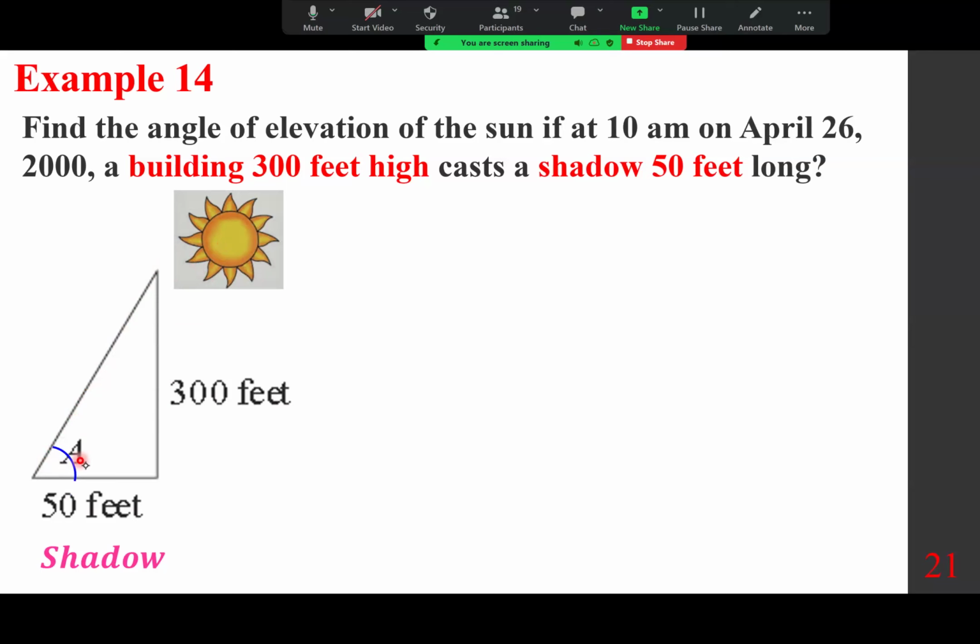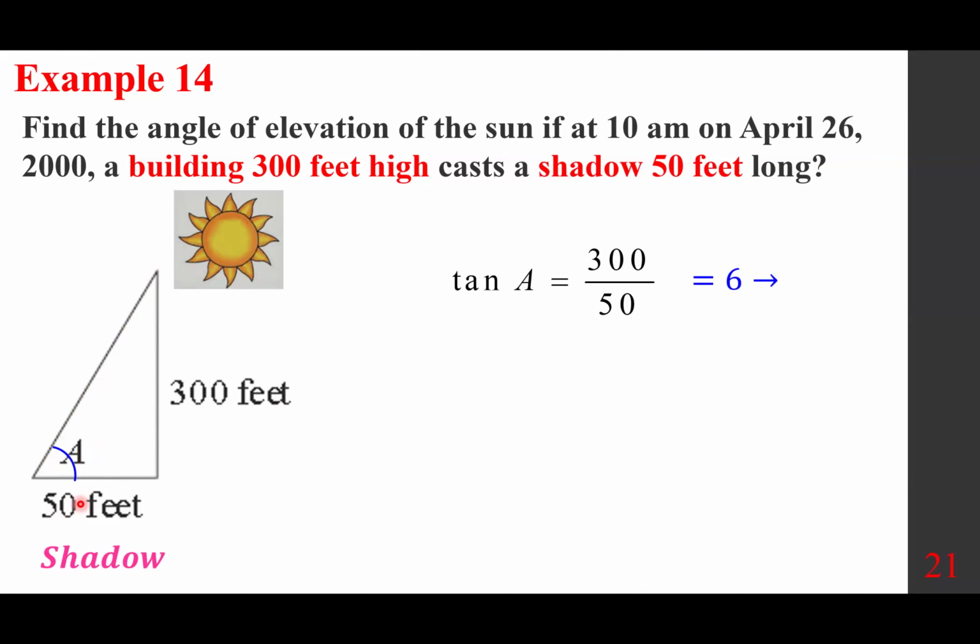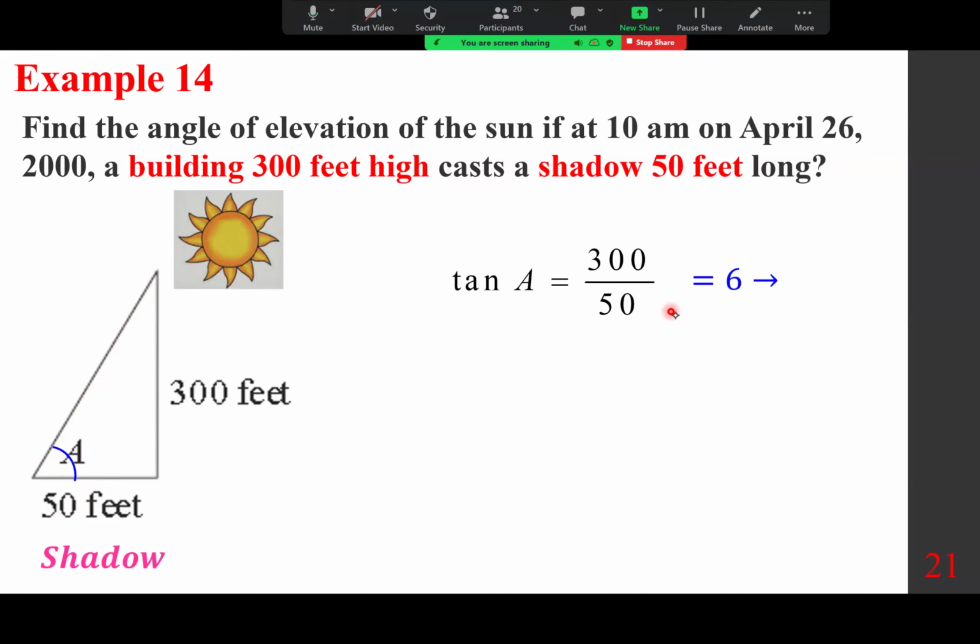And that's easy to calculate because tan of this angle is the opposite over the adjacent, 300 over 50, which makes it 6. And so if tan A is 6, A must be tan inverse of 6. Using a calculator, we get 80.5 degrees or so.